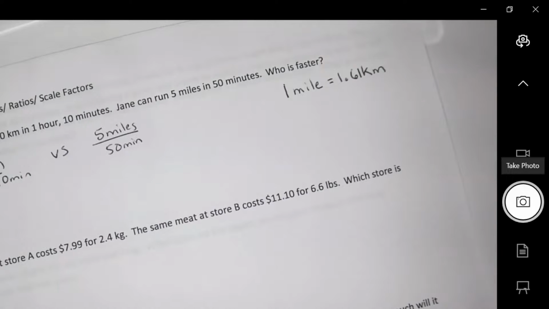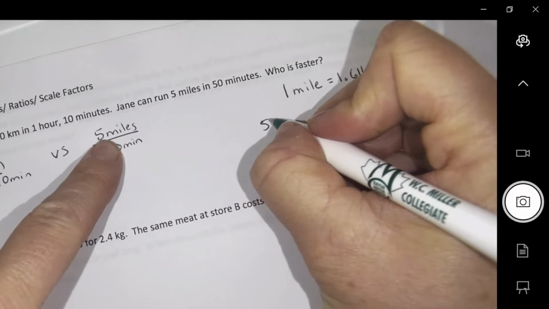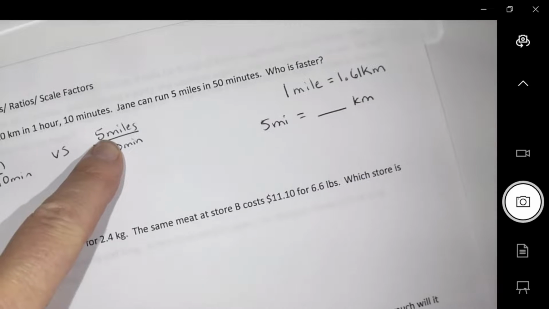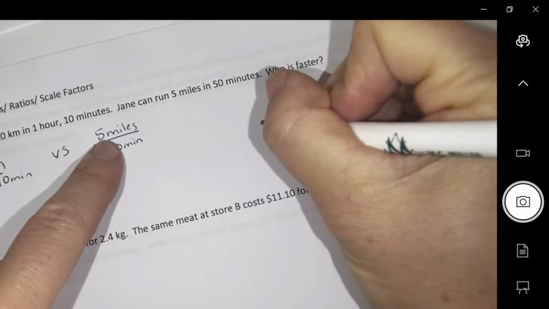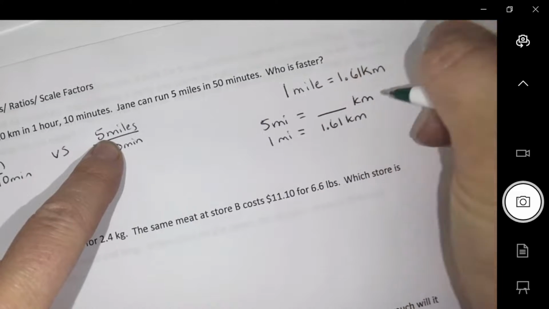What do you want to do here? Do you want to change everything to miles or change everything to kilometers? It doesn't matter. We just got to pick. Kilometers. So let's change. 5 miles equals how many kilometers when 1 mile equals 1.61 kilometers?